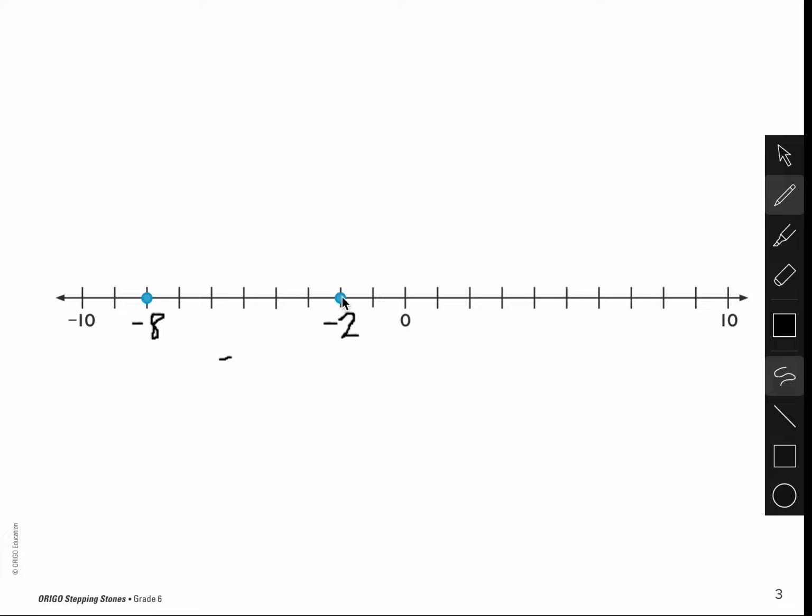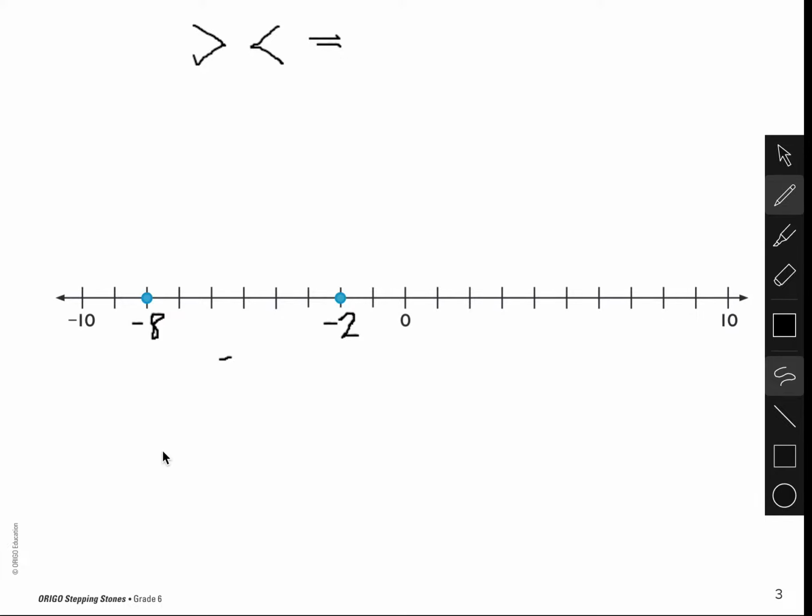Rather than counting from -2 to -8, we also could have counted closer to 0 from -10, so -10, -9, -8. Let's write a comparison statement using greater than, less than, or equal to show which number is greater.